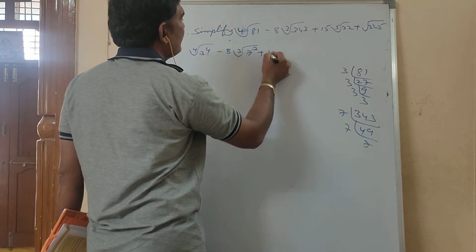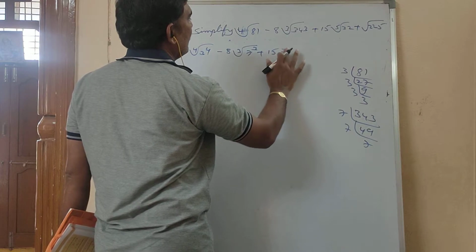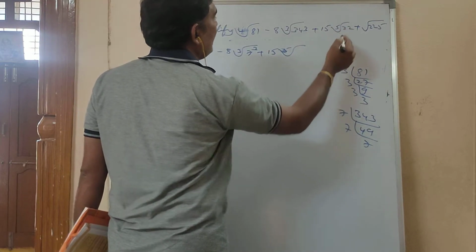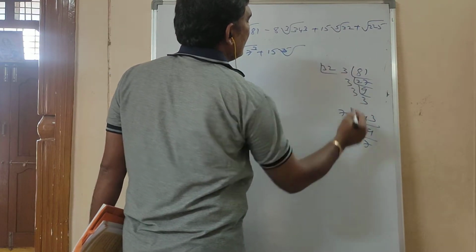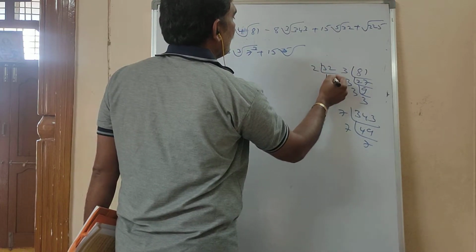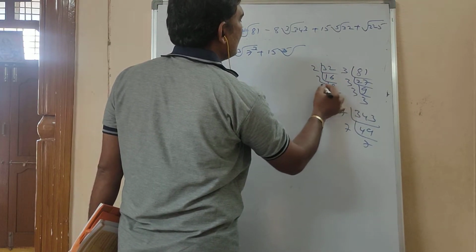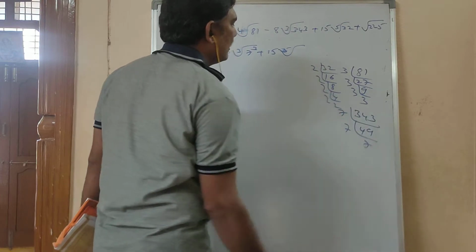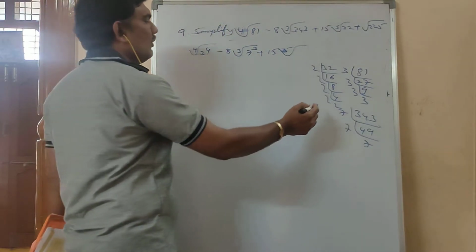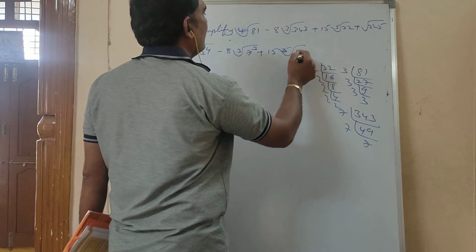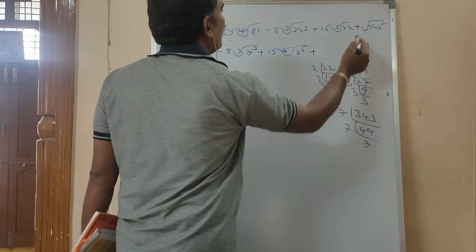Next, plus 15 as it is, 5th root 32. In prime factorization: 2 16s, 2 8s, 2 4s, 2 2s. How many 2s are there? Count: 1, 2, 3, 4, 5. 2 power 5.